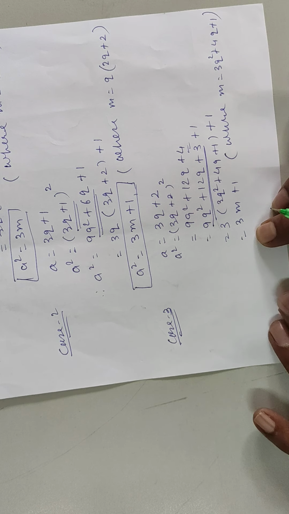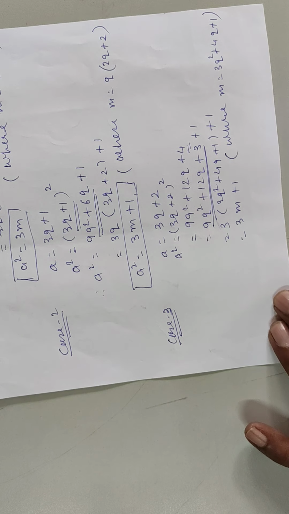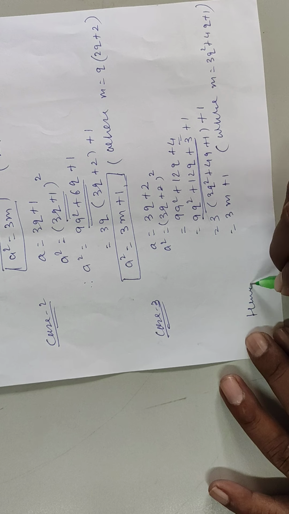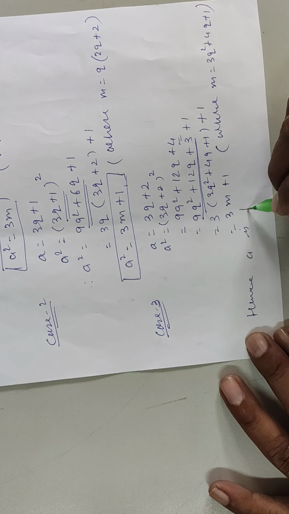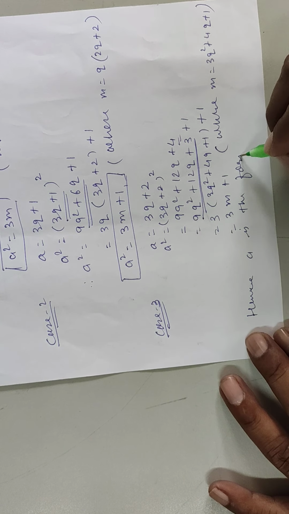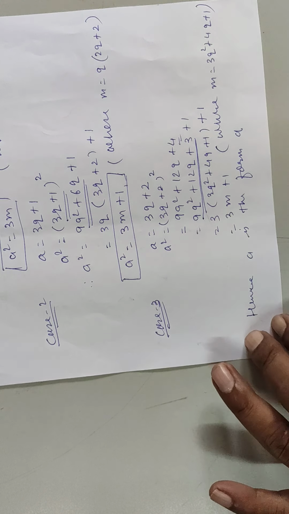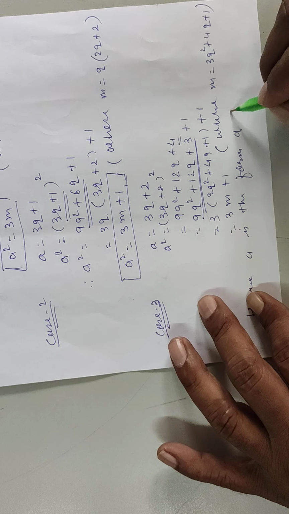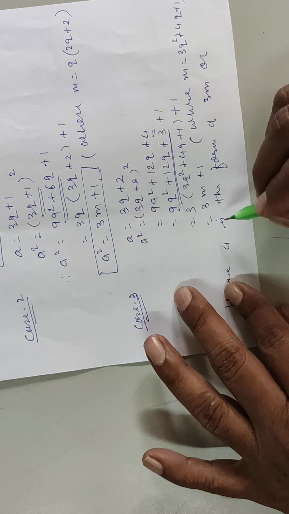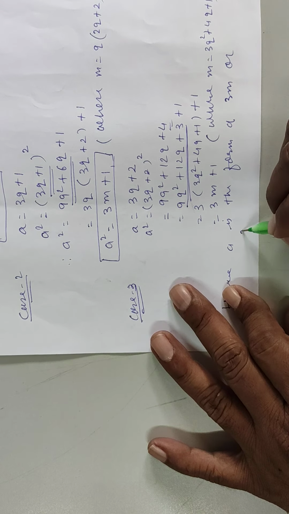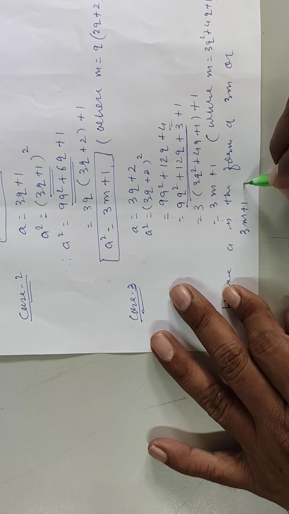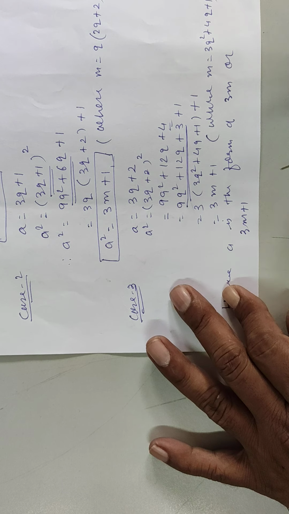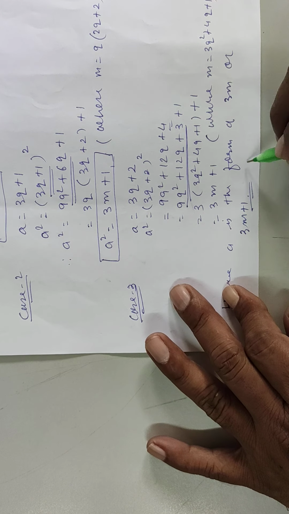Hence we prove that a square is of the form 3m or 3m plus 1, okay friends.